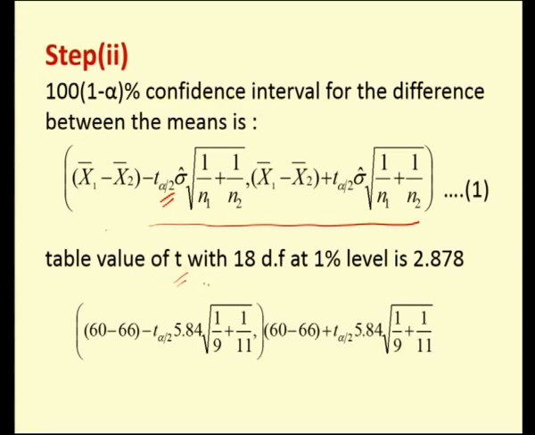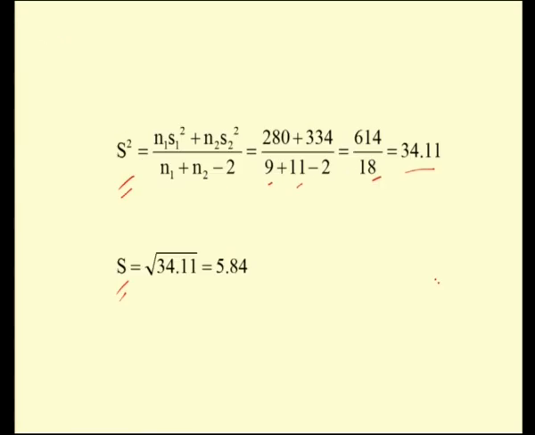Therefore, the table value of t with 18 degrees of freedom. Why I have taken 18 degrees of freedom: it means n1 plus n2 minus 2. So here the sample size for the first sample is 9, n2, that is the size of the second sample, is 11, minus 2 gives you 18.